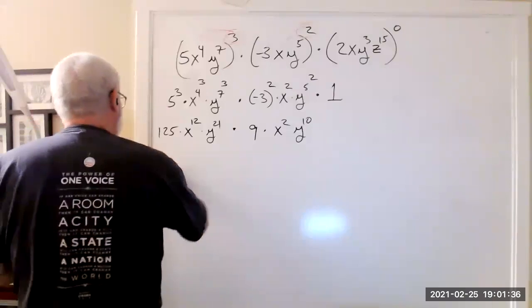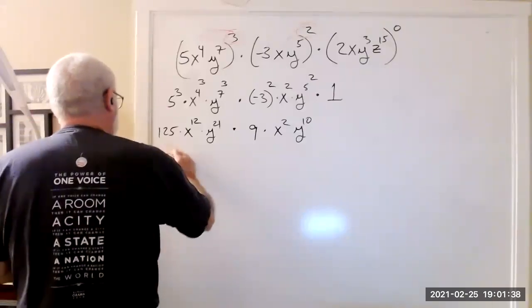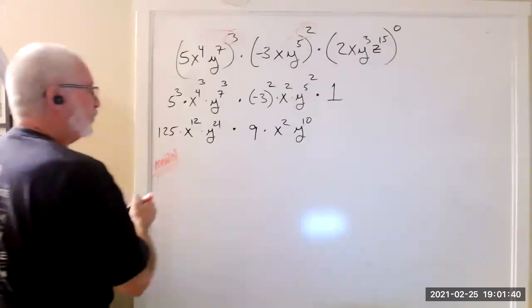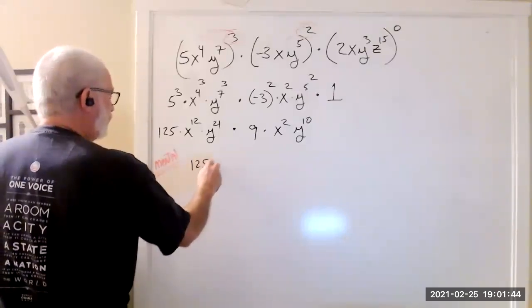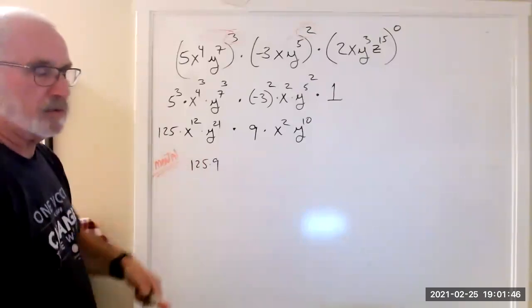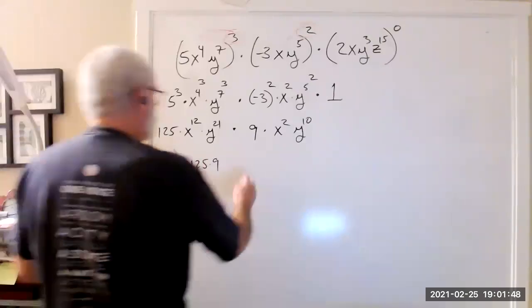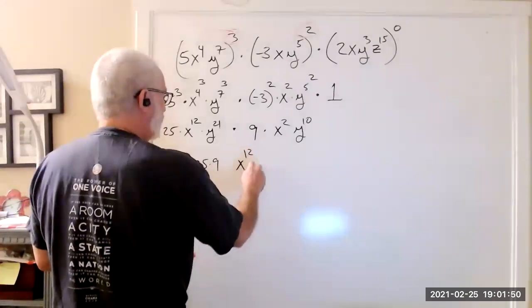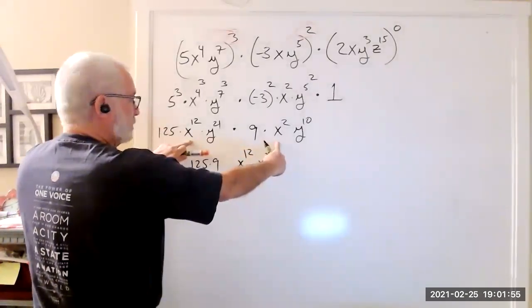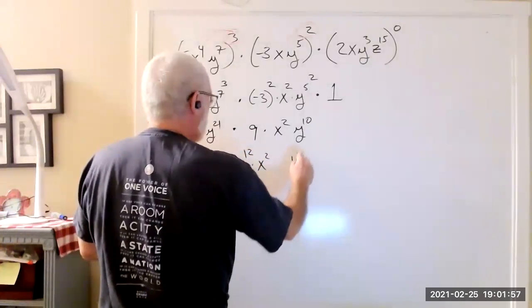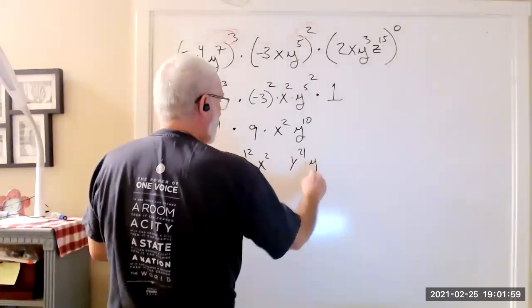Mentally, this is what you do. You group 125 times 9, number times number. You group x to the 12 times x to the 2nd. You put your x's together. And you group y to the 21 and y to the 10.